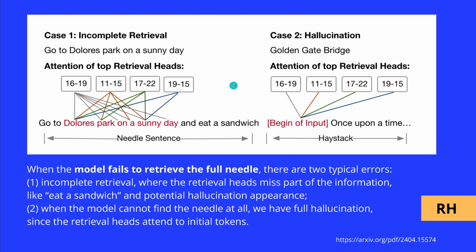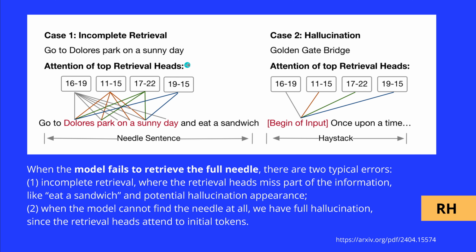They say they found two typical errors happening in the system. A, an incomplete retrieval, where the retrieval head missed some part of the sentence or the information. For example, we have a sentence, go to Dolores Park on a sunny day and eat a sandwich. And we are looking for this. This is our needle in the complete haystack.